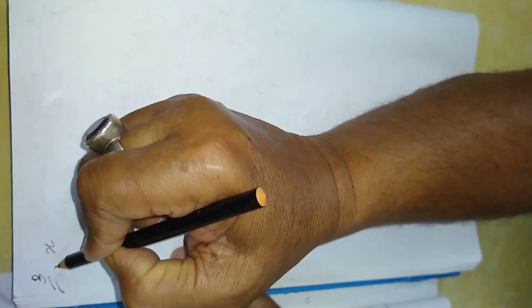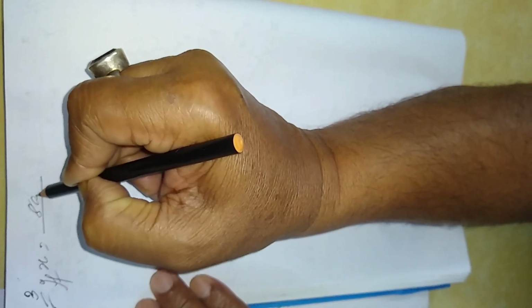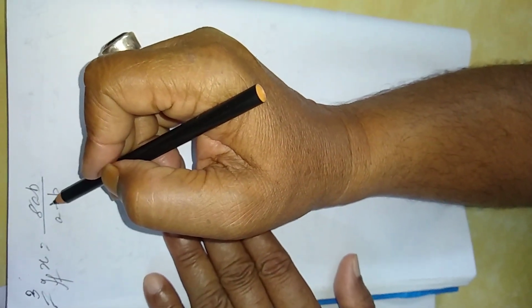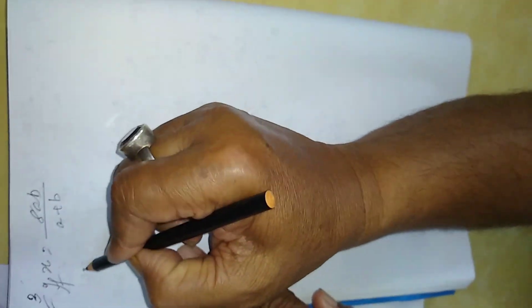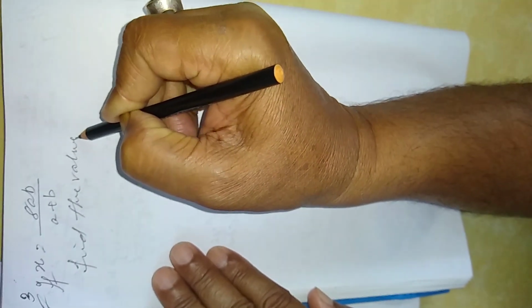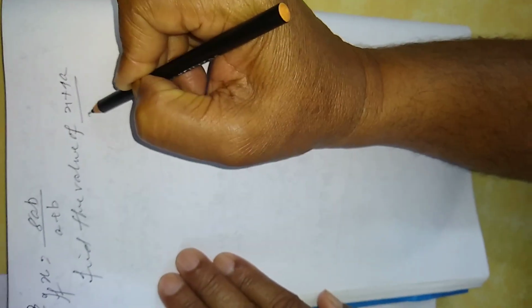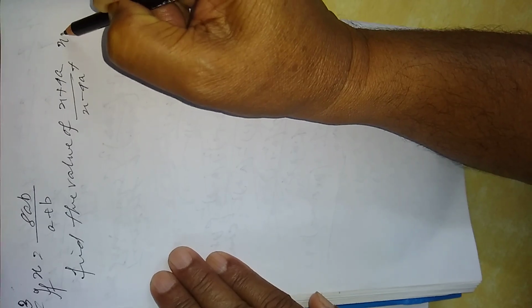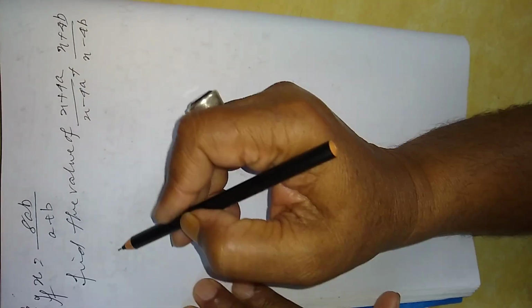If x is equal to 8ab by a plus b, find the value of x plus 4a divided by x minus 4a plus x plus 4b divided by x minus 4b.